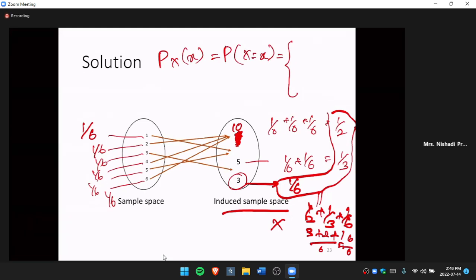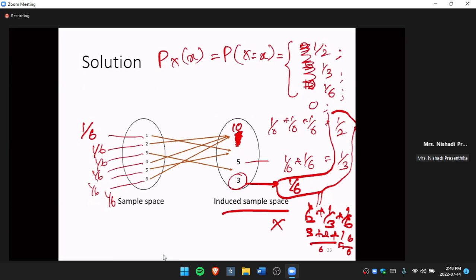It can be either 3, 5 or 10... Sorry, we are not writing the values; we are writing the probabilities. Probability cannot be a value greater than 1. What are the probabilities? Half, 1 over 3 and 1 over 6. And there's another probability, that is 0.